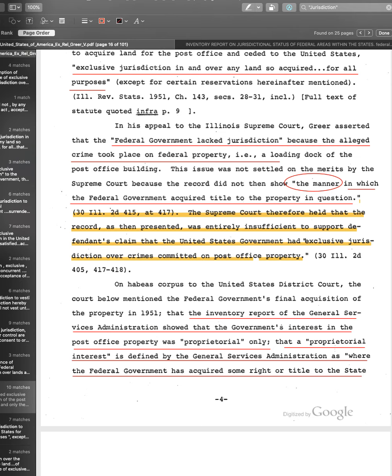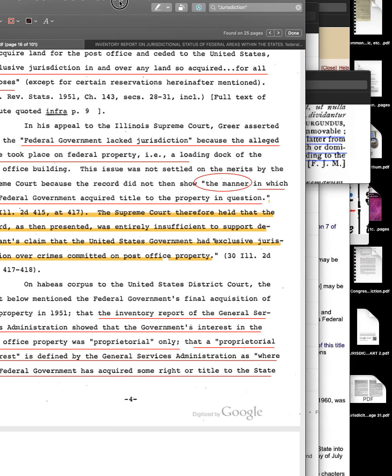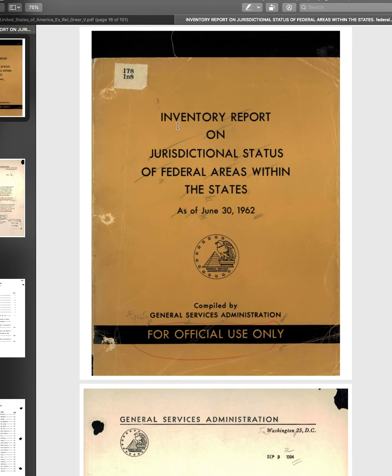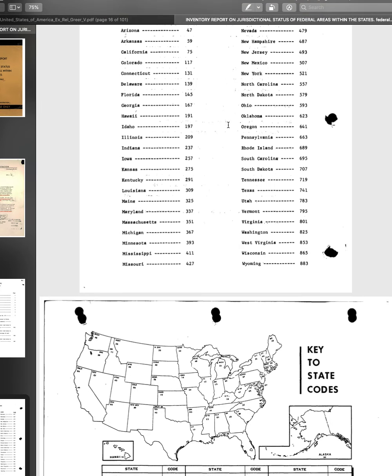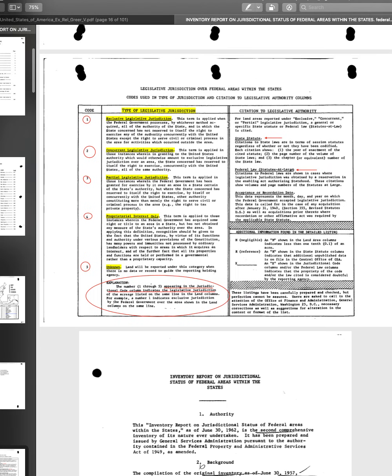And because I have a million papers, it takes forever to open anything up. Okay, so we're going to go down to this paper here.